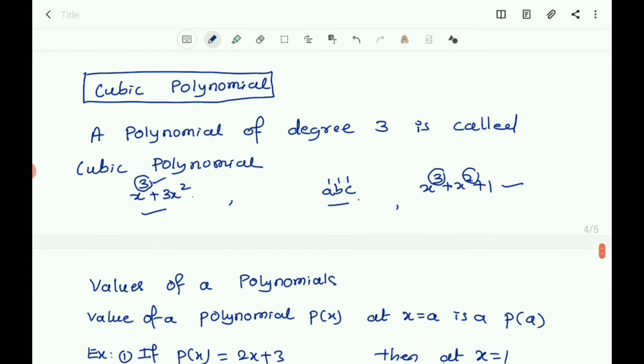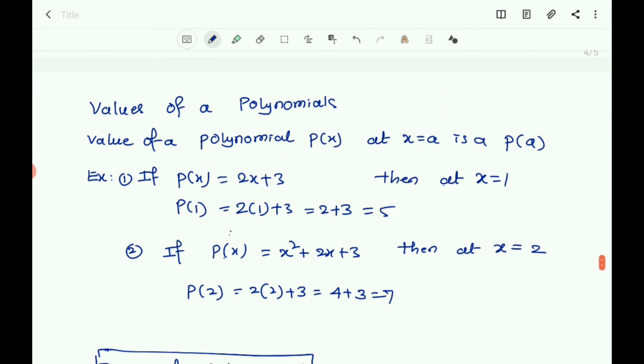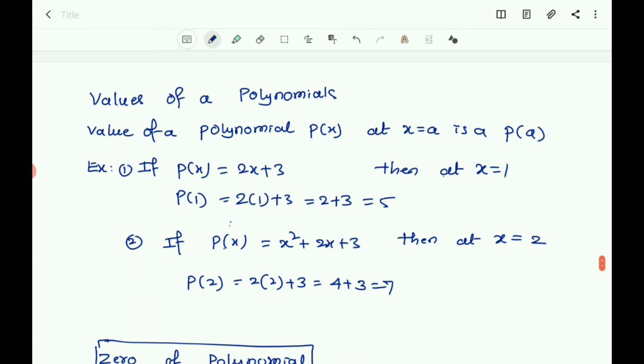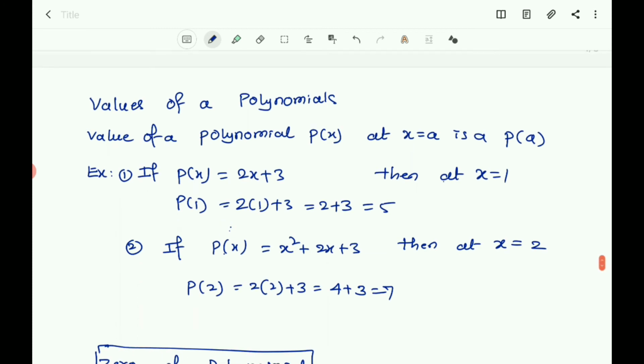Next, let us take the value of a polynomial. What is the value of a polynomial? The value of a polynomial p of x at x equals a is p of a. Means in the place of x you are taking a. Take the example here. The given polynomial is p of x equals 2x plus 3.